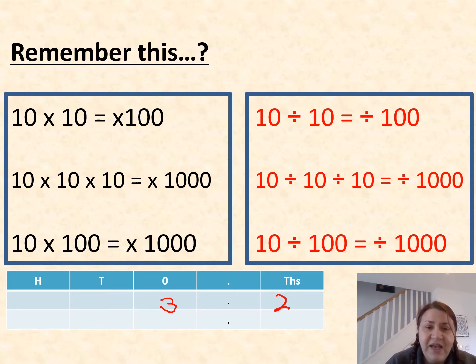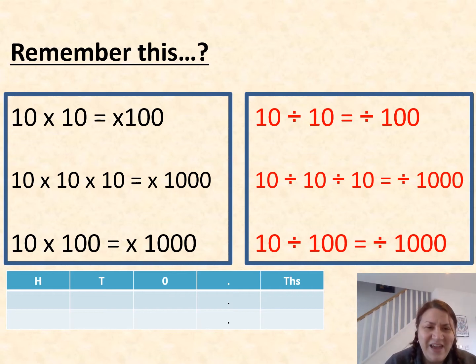So timesing it by 10 would give us 32, but timesing it by 10 again would then give us, put the 3 there, the 2 there, and then of course we need the placeholder, 320. And that's the same as timesing it by 10, timesing it by 10 again, which is the same as timesing it by 100. Sorry, my mouse moved on to the next page.